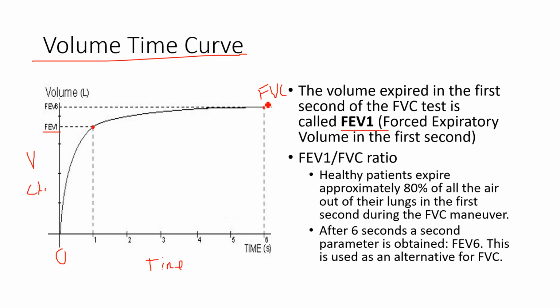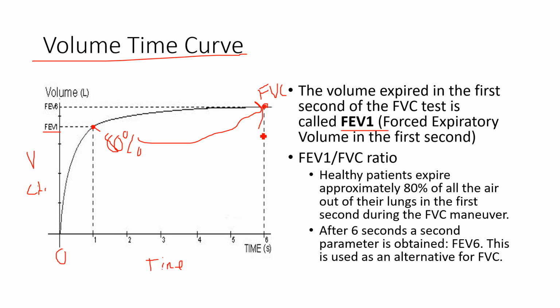Now, in a healthy patient, they are able to expire 80% of the air during that FVC at 1 second. Meaning that if we compare the volume at this point to this point, this should be 80% of that value for a normal, healthy individual.